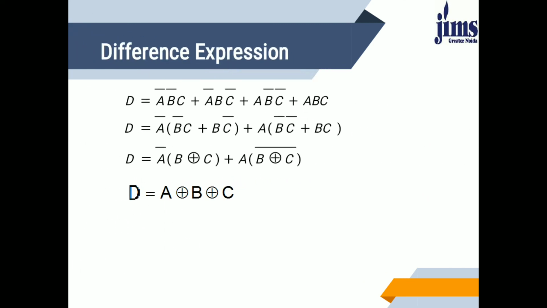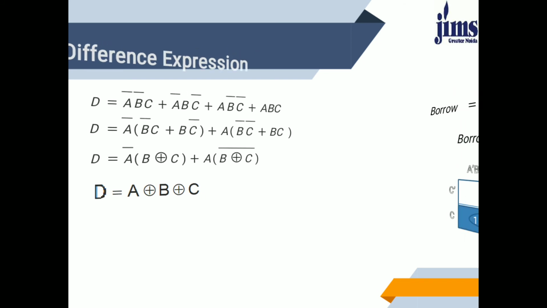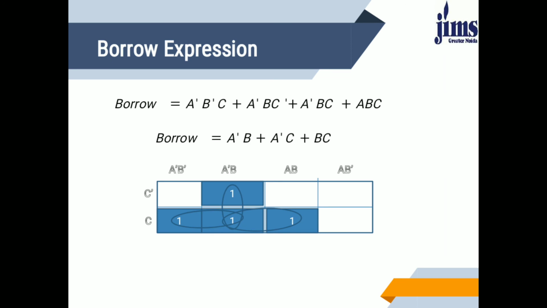Now here you can see the difference expression. You can take help from there, or you can also take help from a K-map. Through a K-map the results are simplified more. So the difference is just similar to the full adder, A XOR B XOR C, but in the case of borrow, I am using a K-map here.